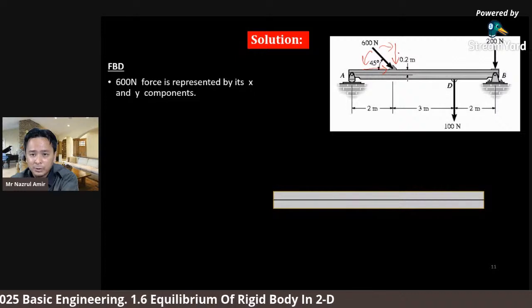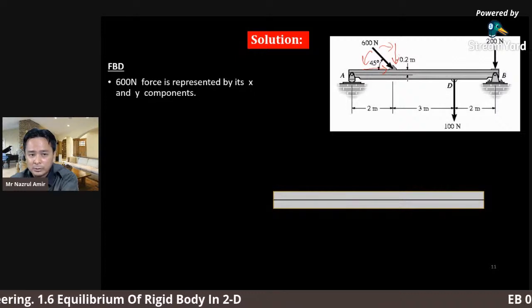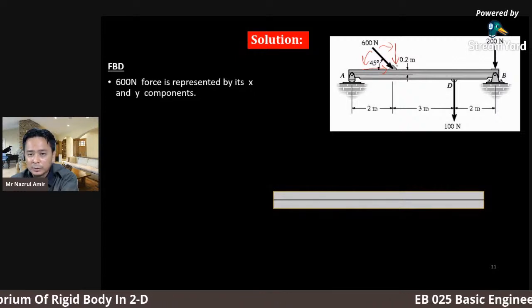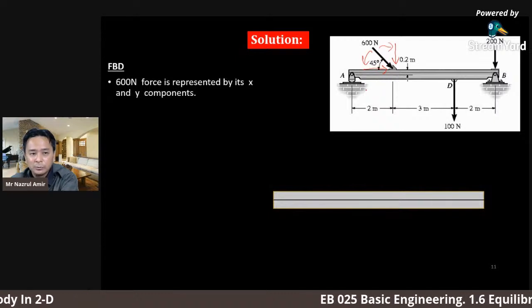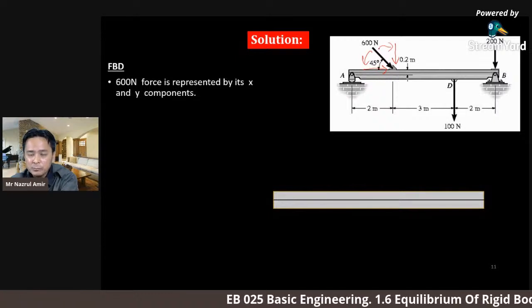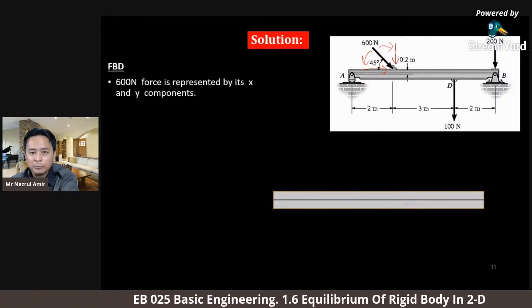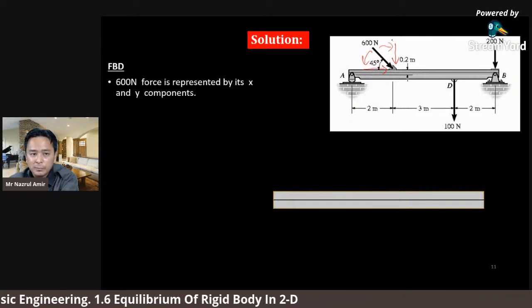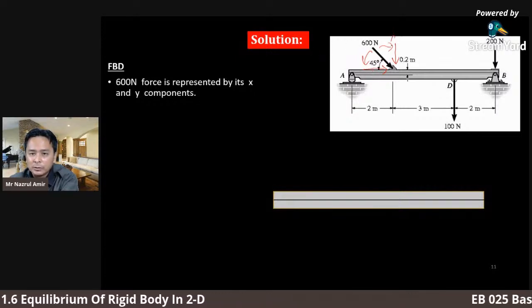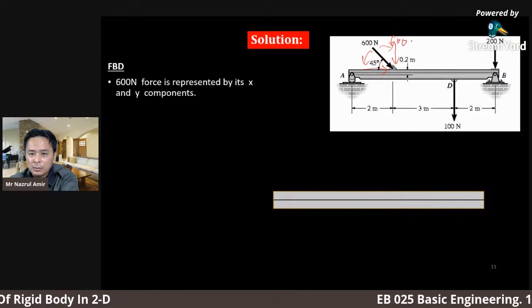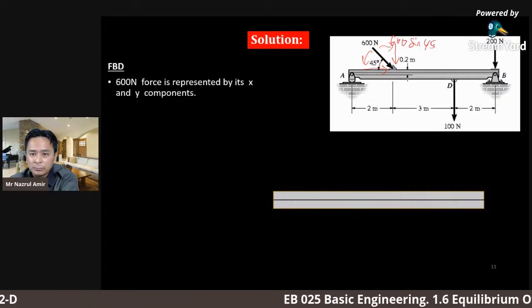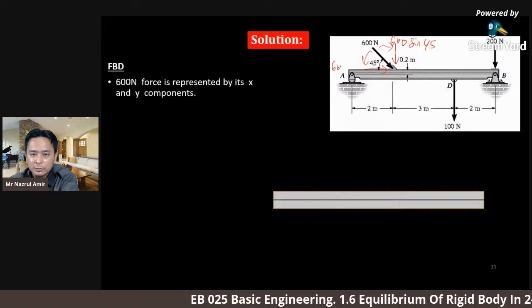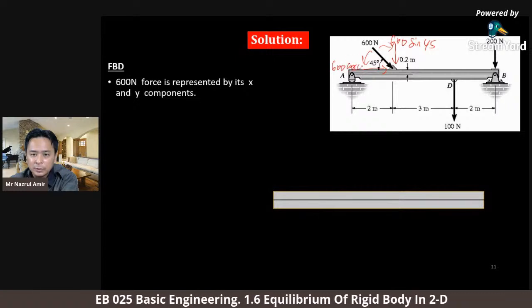So we need to apply these components to make it easy to solve the problem. Then 600 will not be used in the analysis. We're going to use the components only. So here is 600 sine 45, and this is 600 cos 45.